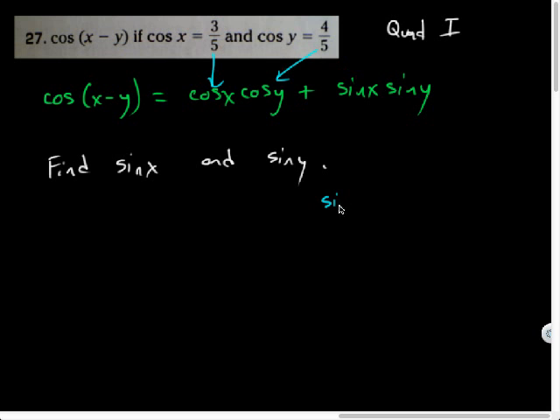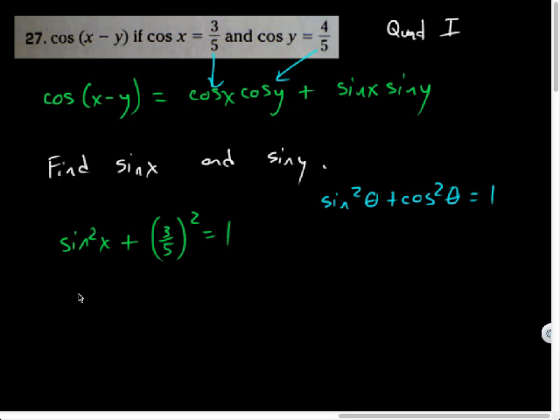So the Pythag identity is sine squared theta plus cos squared theta equals 1. And to find sine x, let's say, I would say sine squared x plus cos squared x, where cos x is 3/5, all squared, equals 1.